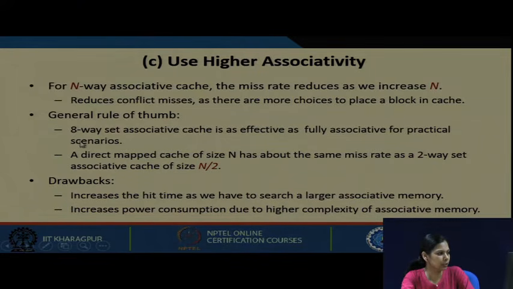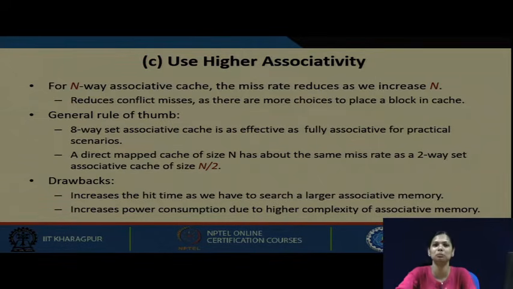There is a general rule of thumb: an 8-way set associative cache is as effective as fully associative for practical scenarios. It has been seen that with an 8-way associative cache, that means within a set we are keeping 8 blocks, we have to do the search associatively. Keeping an 8-way set associative cache, it is as effective as a fully associative cache.